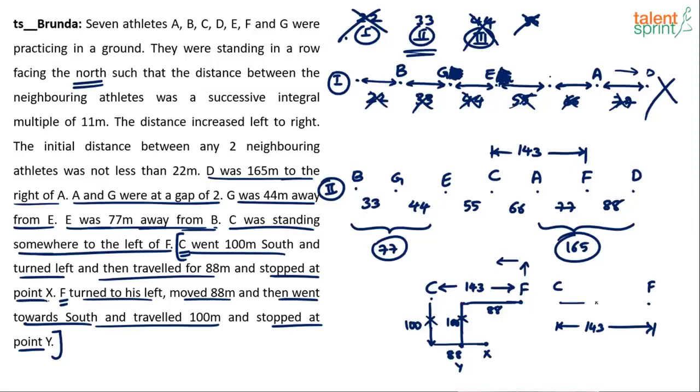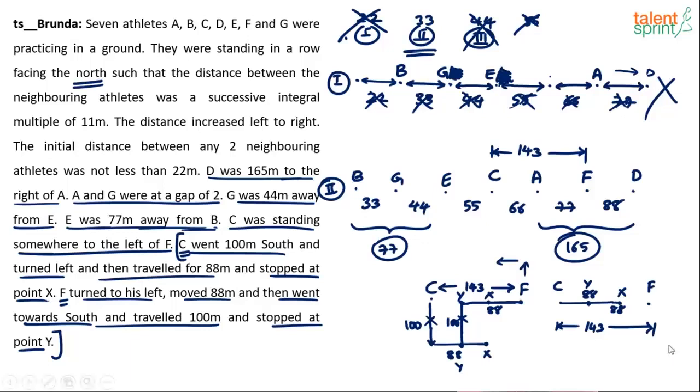So what happens? C moved 88 meters to point X, and F also moved 88 meters to get point Y. So between C and X, 88; between F and Y, 88.